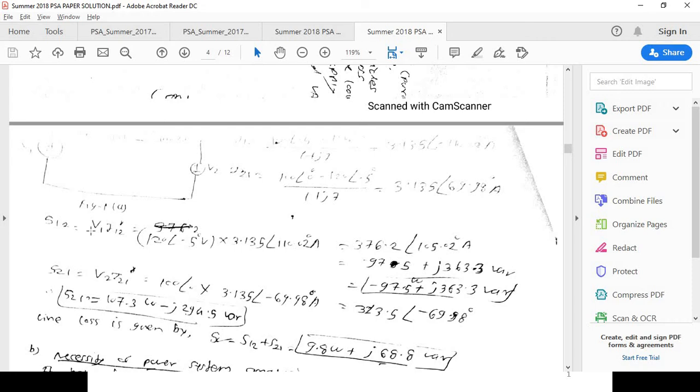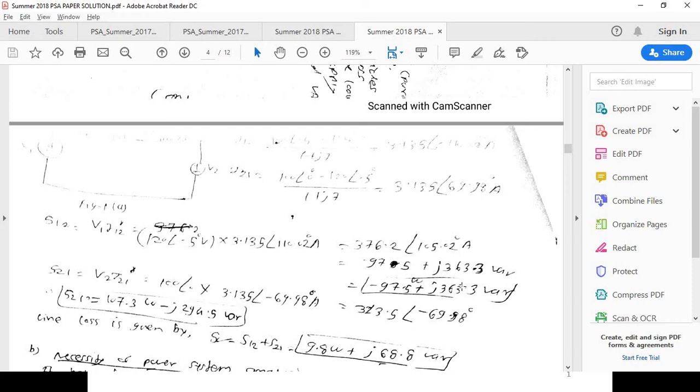Here the minus sign represents that it is the complex power consumed by the circuit. It is not supplied, it is consumed by the circuit. And hence active power is 97.5 watt and reactive power is 363.3 VAR, which is consumed by the circuit.